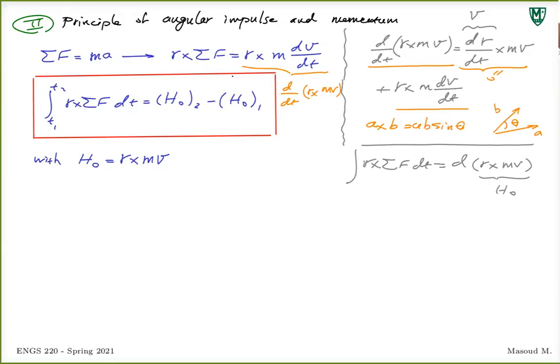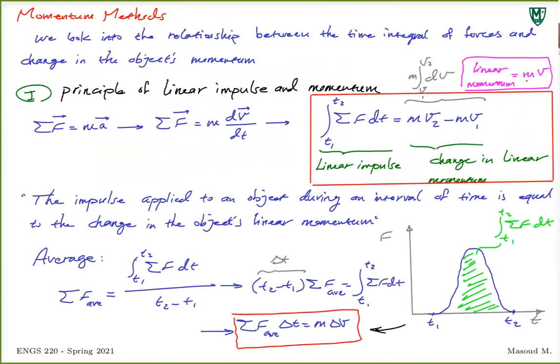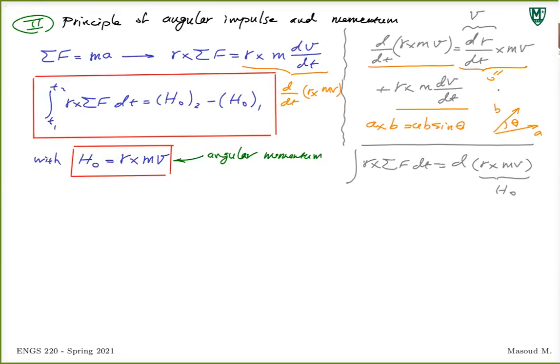So this relationship is also important. This is the definition of angular momentum. Okay. So we had linear momentum before, mv, right? Now we have angular momentum, r cross mv.